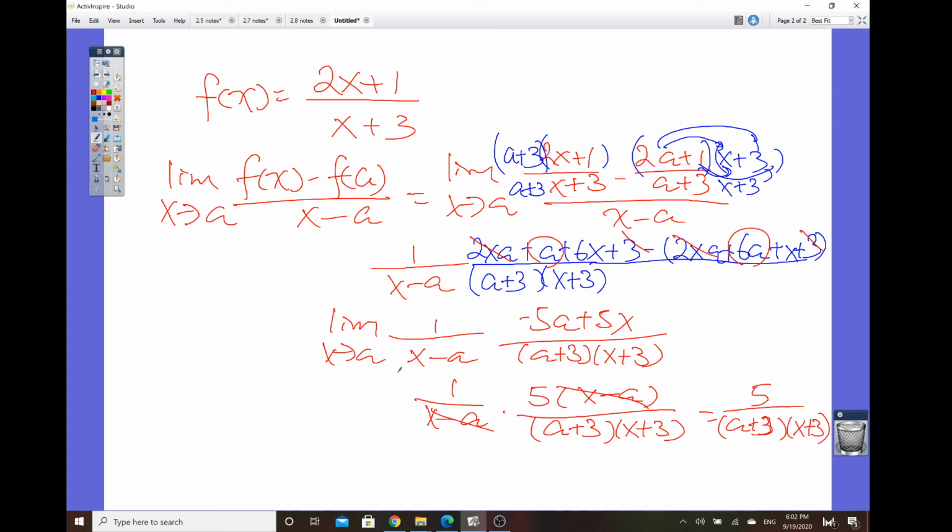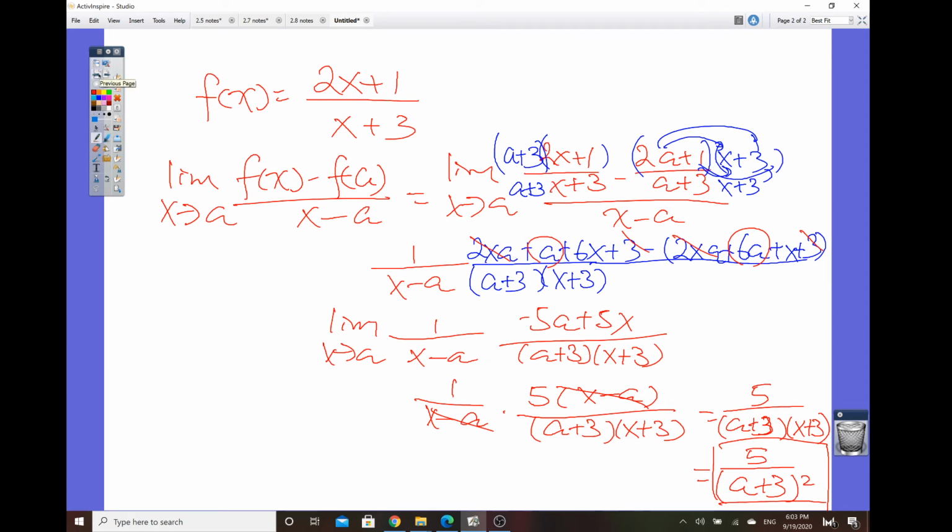Remember, the value of x is a. So eventually it's 5 over a plus 3, quantity squared. There's no more x. Everything is in terms of a. So this is the derivative of this function, in terms of a.